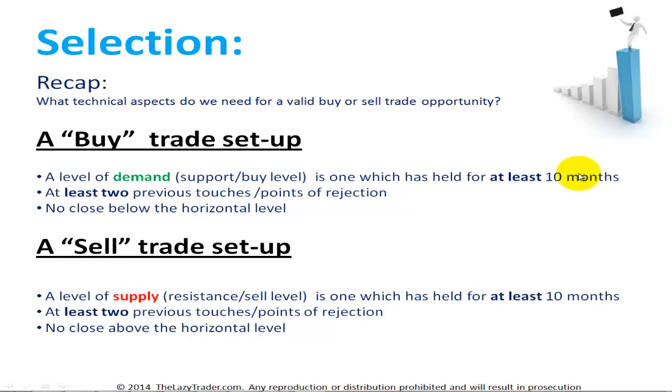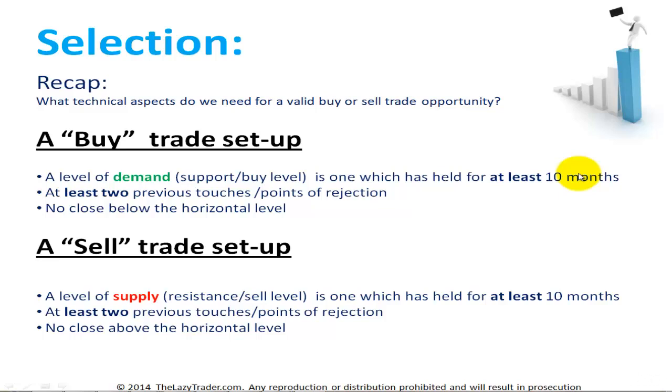On the flip side, we've got the sell trade setup, as I'm sure you're probably thinking already, based on what you've learnt so far, 10 minutes into this presentation. A level of supply or resistance will be a cornerstone for a sell trade setup. And when I say a level of resistance, I mean one that's held for at least 10 months.